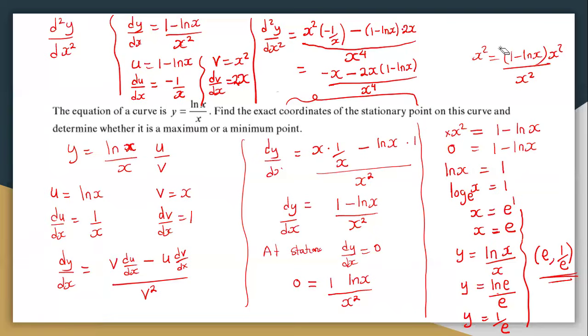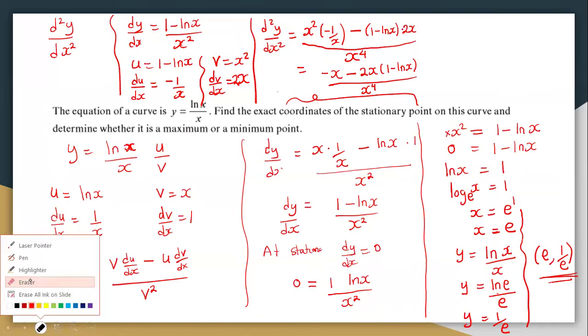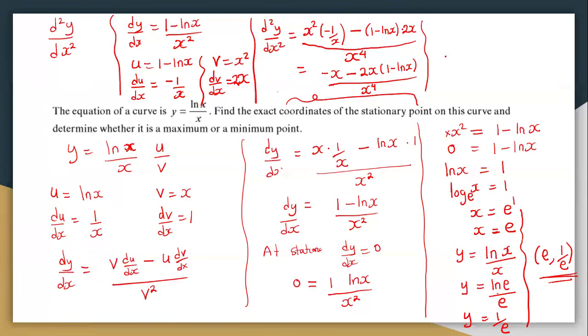Then that one can be negative x minus 2x, negative x, minus 2x, then plus 2x ln x, over x power 4.